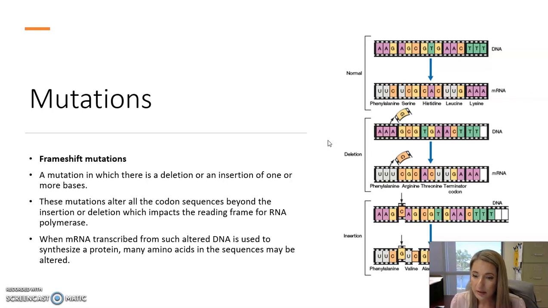So now it's reading a completely different series of codon sequences all the way down. You're going to get a completely different chain of amino acids, ultimately not building the protein that you're supposed to make within the cell, which is obviously going to negatively impact the cell, or with bacteria, it could potentially even positively impact them and make them stronger.